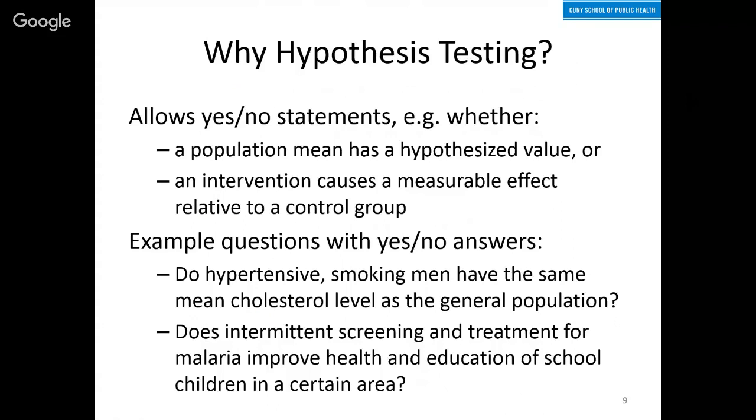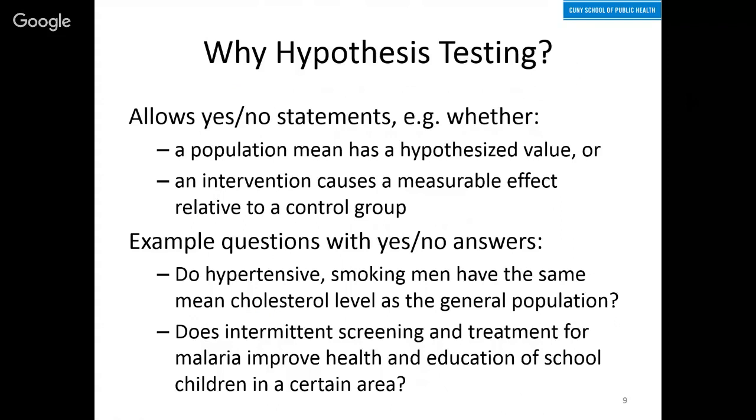Closely related to confidence intervals, but specifically when we want yes/no statements. For example, the population mean is equal to some hypothesized value, or whether the means in two populations are different from each other. For example, if an intervention has some measurable effect relative to the control group.